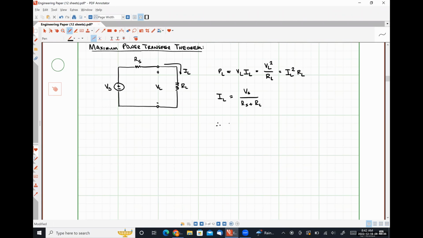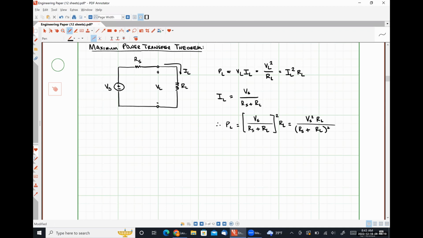And from here, the power delivered to our load resistance by our practical voltage source is going to be VS divided by RS plus RL quantity squared, times a factor of RL, which is going to look like VS squared RL divided by RS plus RL quantity squared.